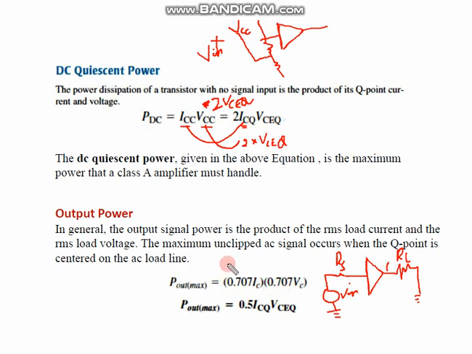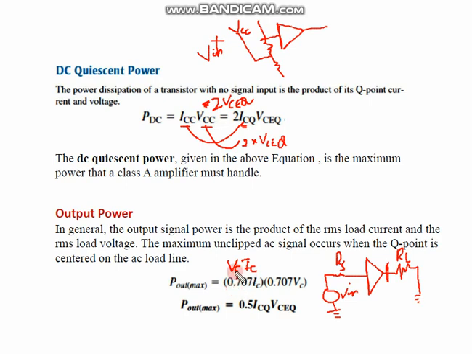By definition, this is P out at the output of the amplifier, and again it is VC times IC.